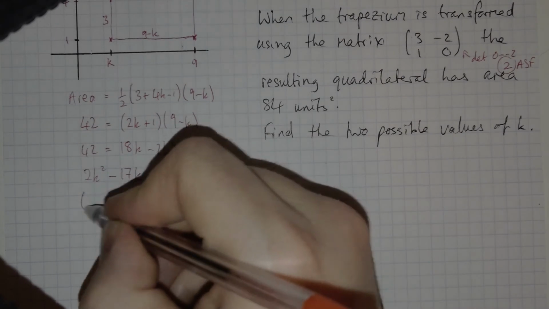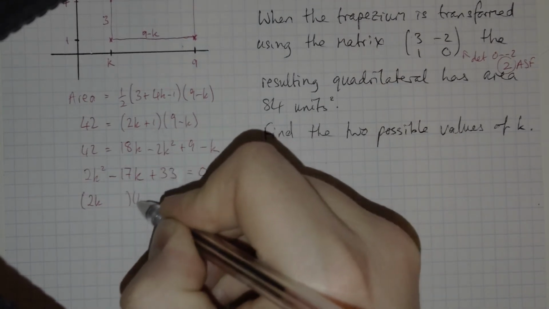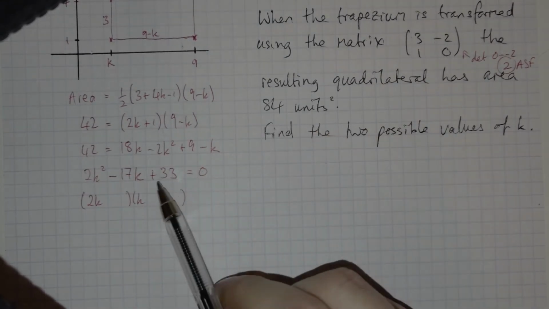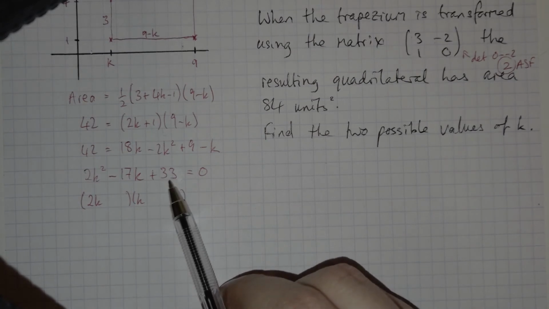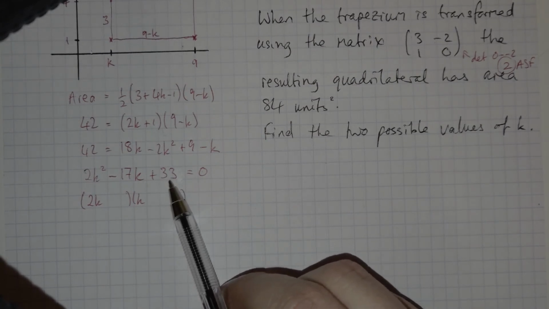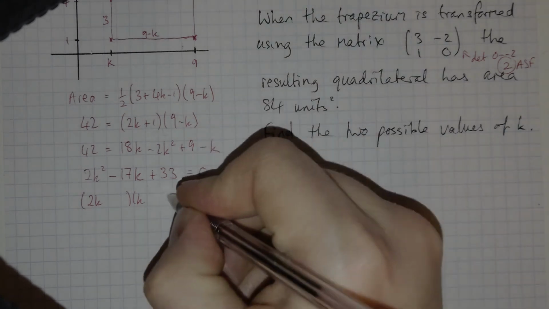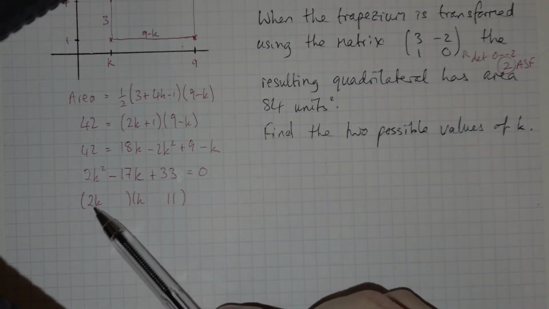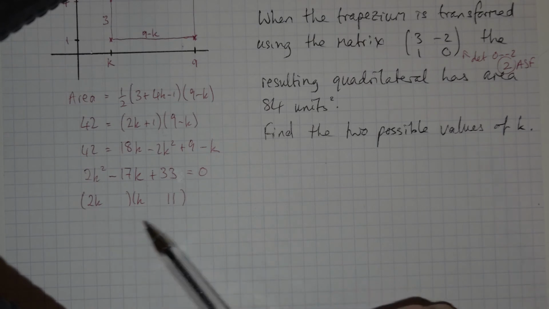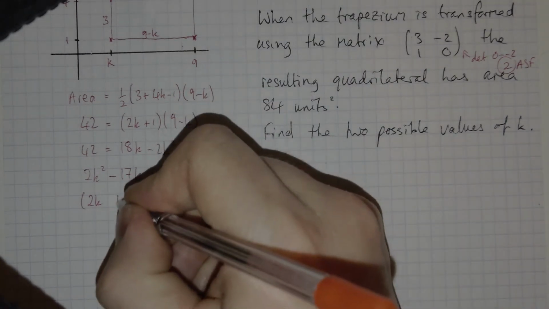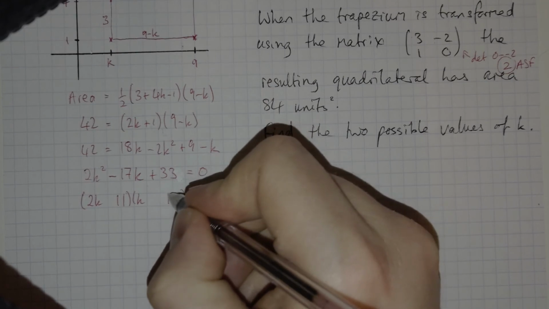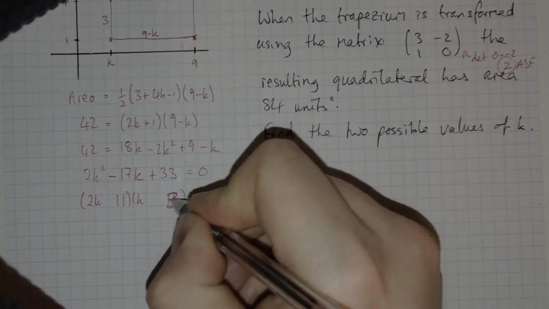This thing I reckon probably factorises. So let's do a pair of numbers that multiply to give positive 33, probably 11 and 3. Actually, I can put the 11 there. That's where I should put it, because that's 22, that's too many. Let's put the 11 there and the 3 here.